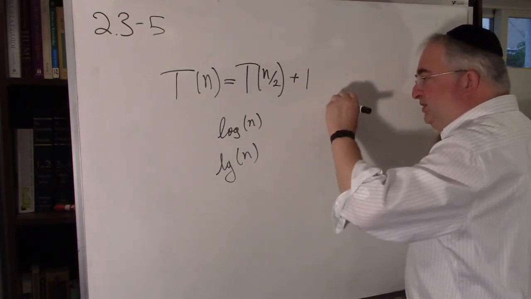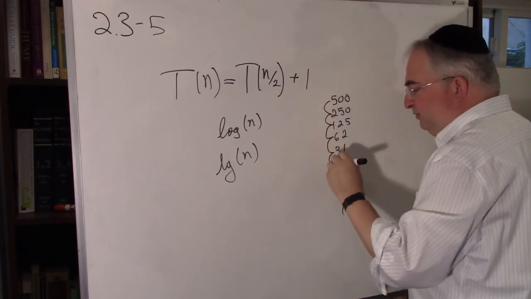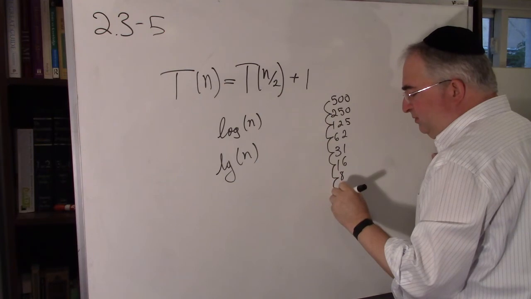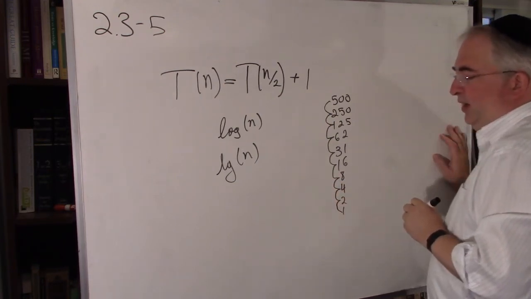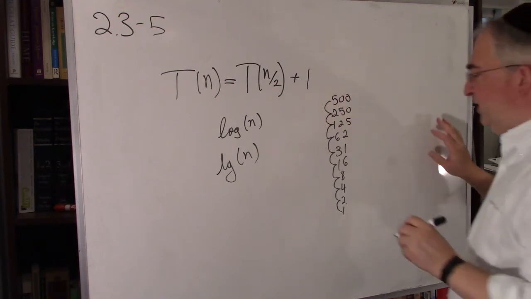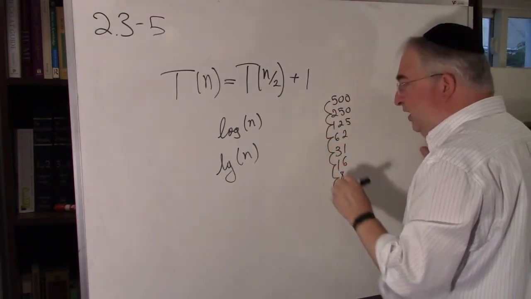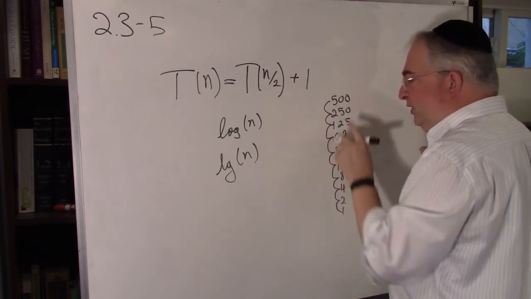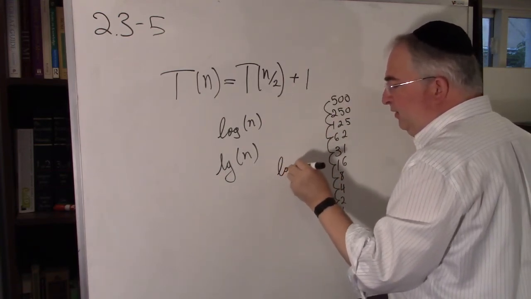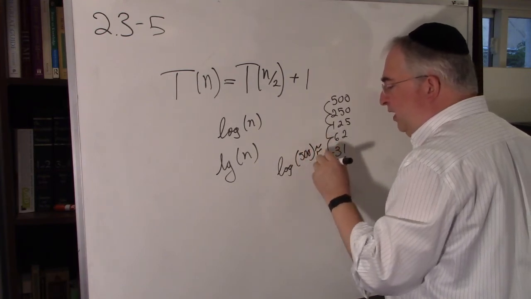So every time I split, I split once, twice, 3 times, 4, 5, 6, 7, 8, 9 times. I'm not being exact here because we have partial numbers, but every time I split, I added 1. So the log of 500 is about 9.